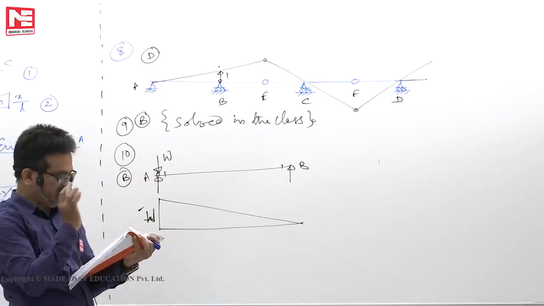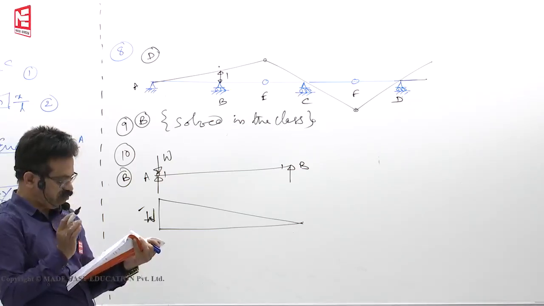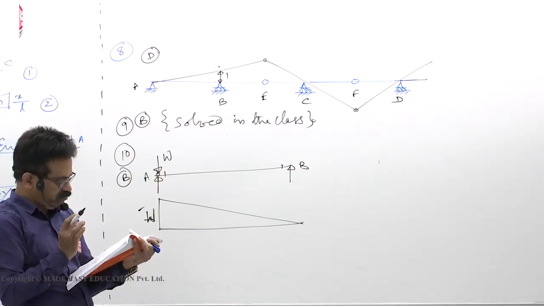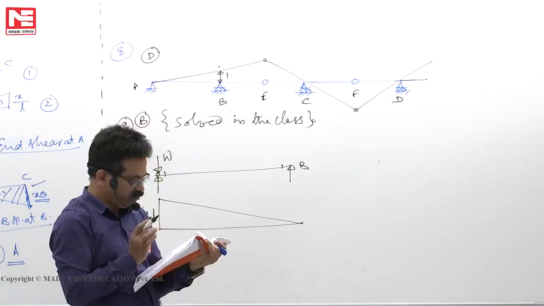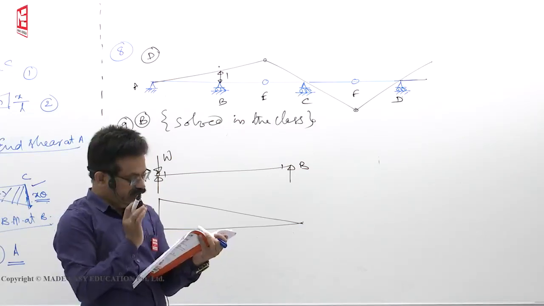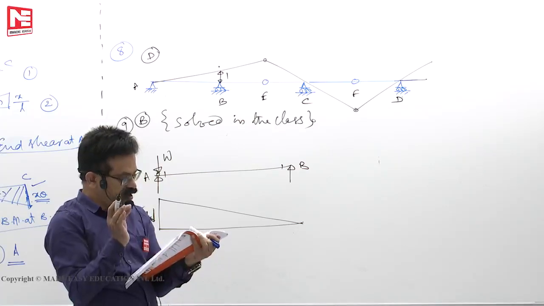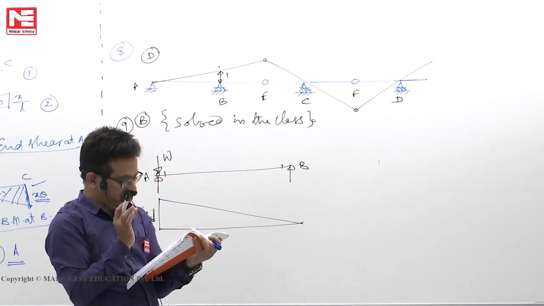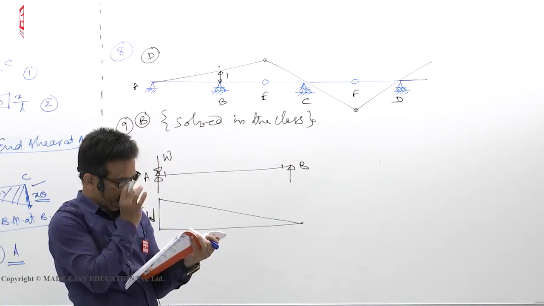The wheel and the maximum load wheels are equidistant from ends of beam. Wrong. B, let us see. This wheel and CG of the total load system are equidistant from the ends of the beam. Wrong. This wheel is at midspan.